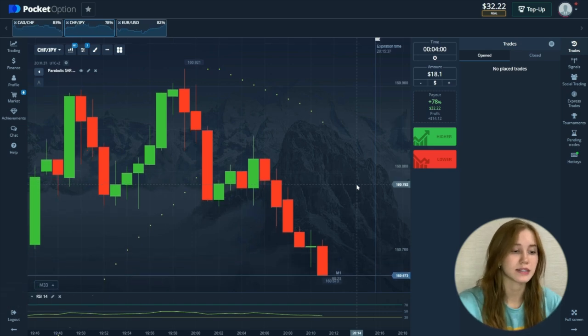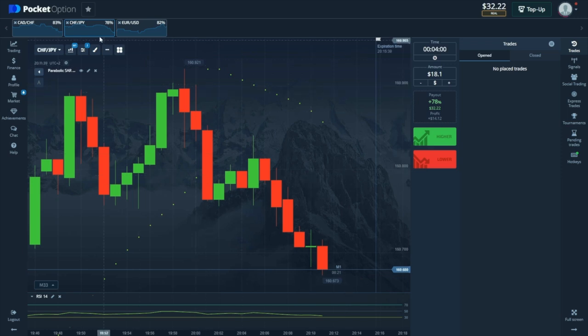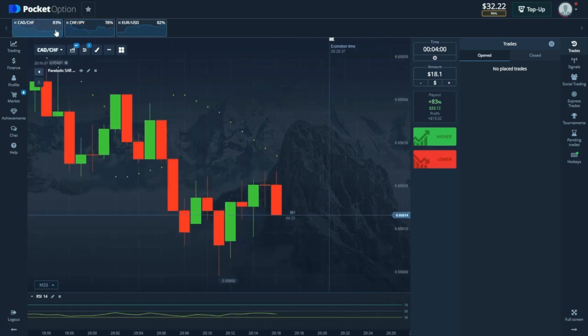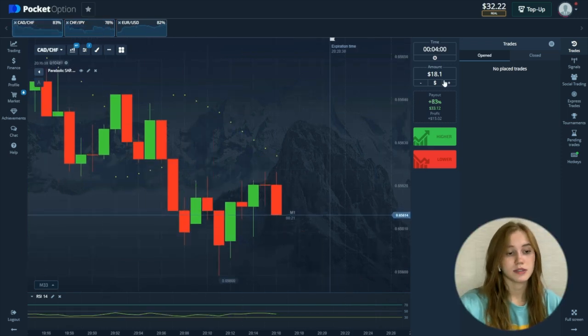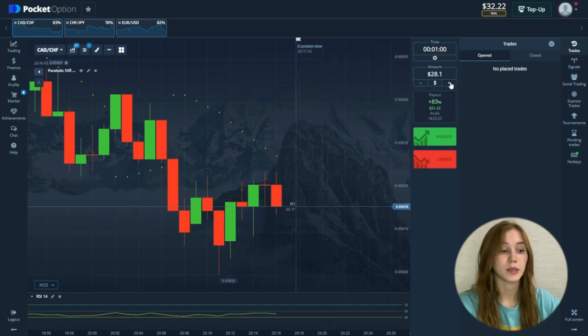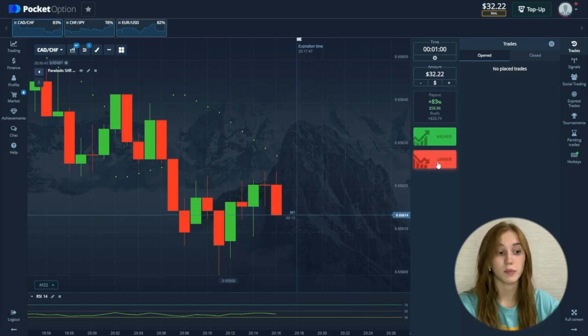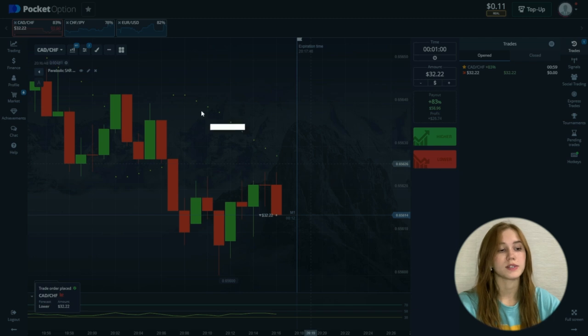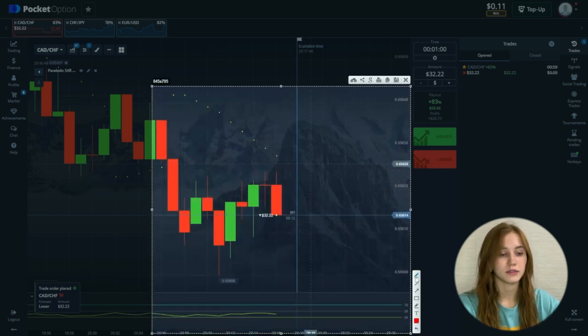And we'll move on to the next concept. This concept hits us perfectly. Let's reduce the time frame to 1 minute and we'll open a deal for our entire balance, and we'll open for a fall. As we see on the parabolic, the points of its indicator are built above the price chart.